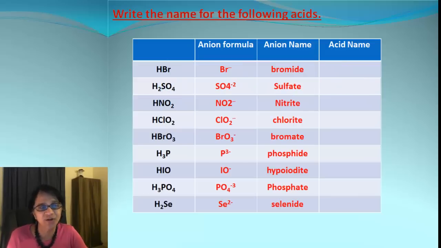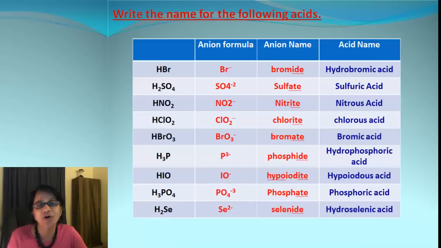When we actually find out all the anion formulas and the anion names, it is pretty straightforward because each of them will end up with a particular ide, ate or ite, and then we can easily find out all these answers. I want you to carefully look at the last one. There is Se.